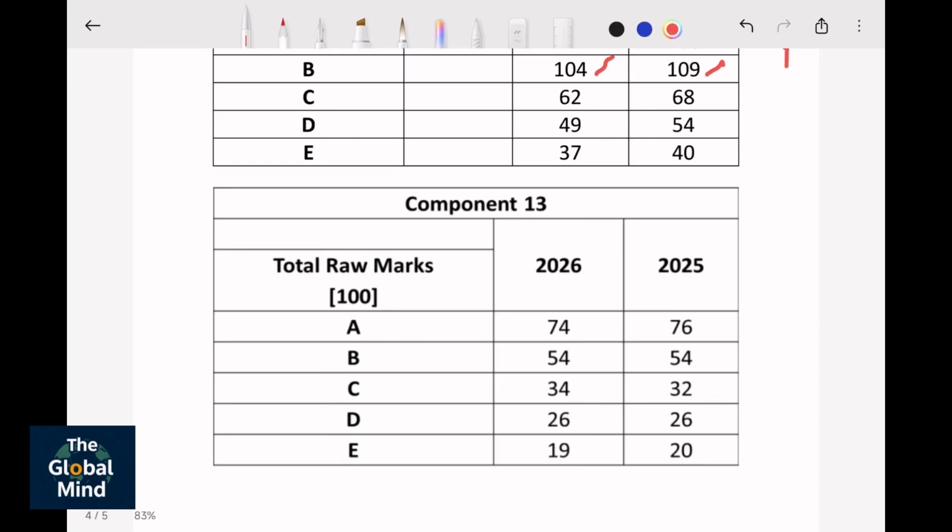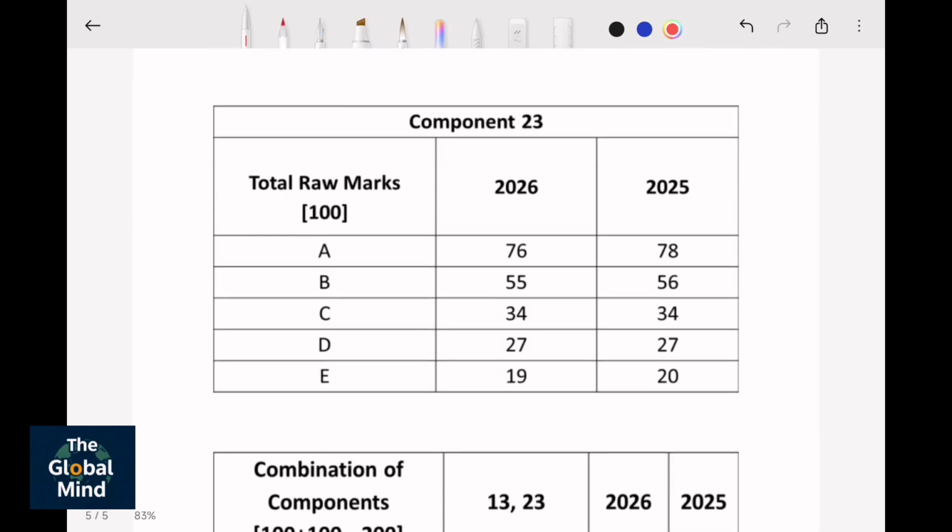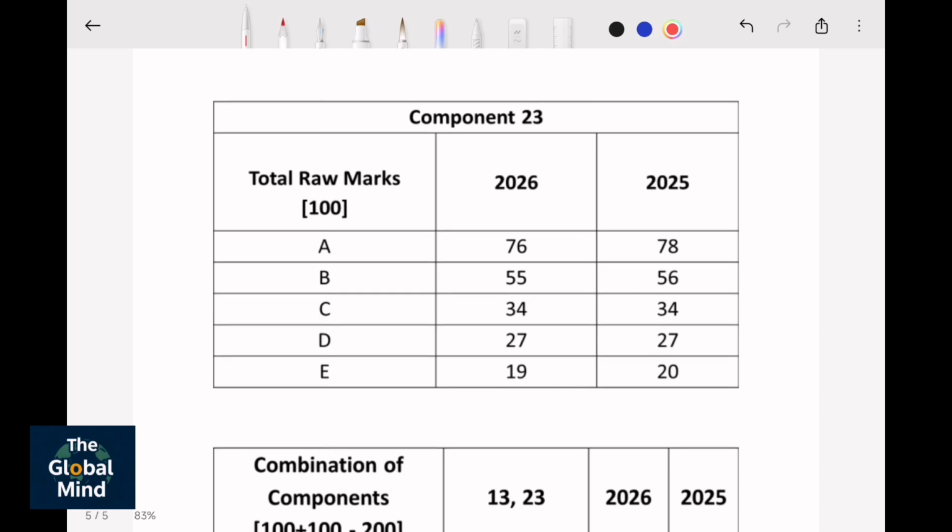This is 74, and so a 2 mark difference, 54 the same, and 2 marks and the same, and 1 mark. This is component 2 3, so we don't need to go into that because the same trends are over here, 76, 78.